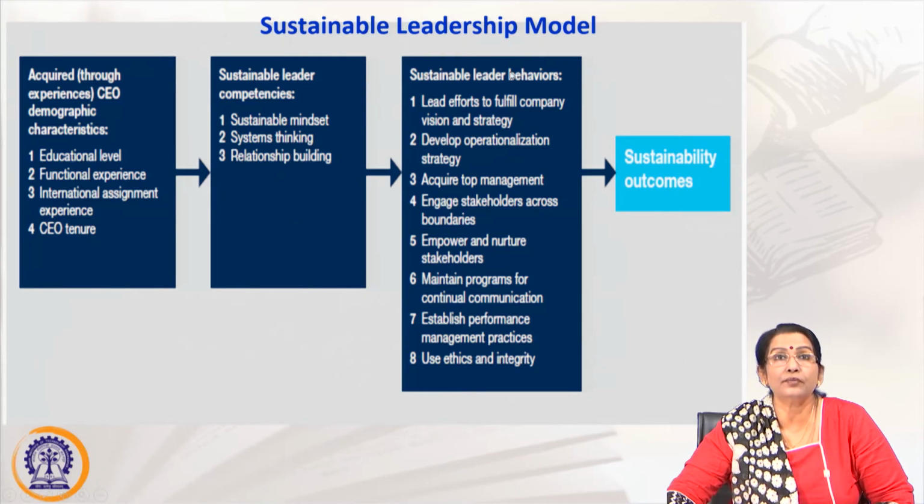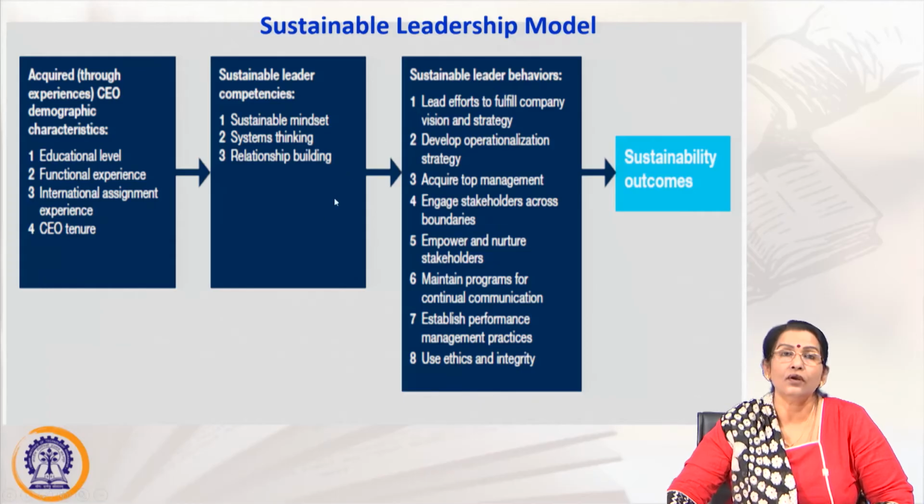Then sustainable leader behavior. These are the demographic characteristics of the CEO, that is the background characteristics, tenure and experience, etc. These are his personal, individual competence in skills and level of intelligence.